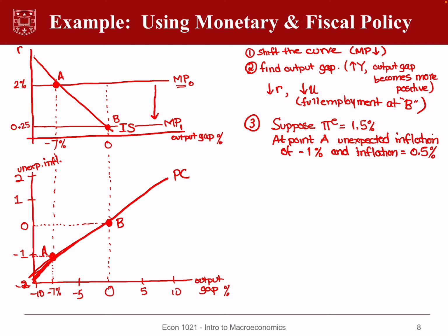As we move to point B, we see that unexpected inflation rises, which is sort of a weird way to think about things because we're going from a negative number to 0, but it is the number line. And at point B, the rate of inflation is higher.